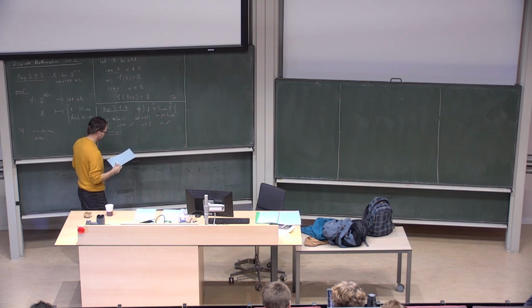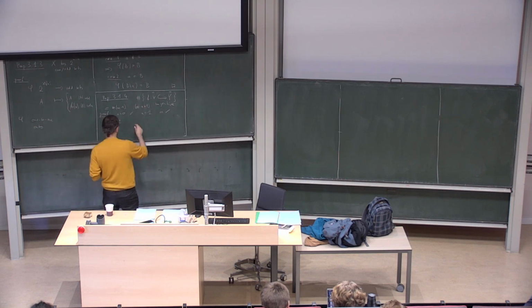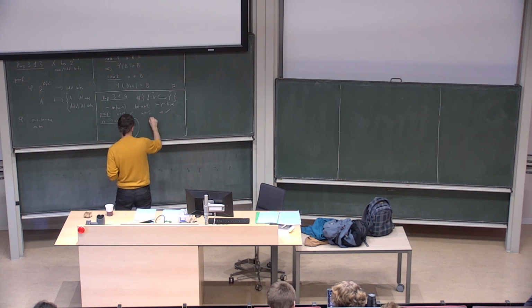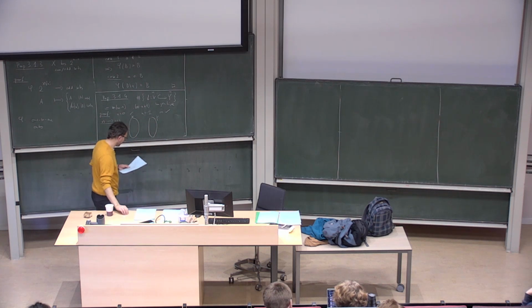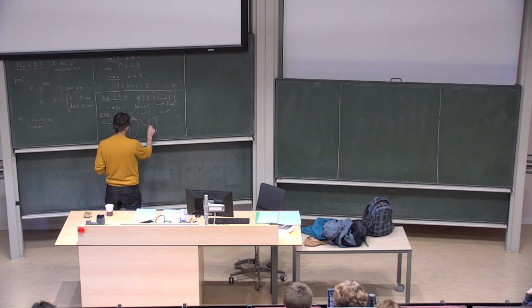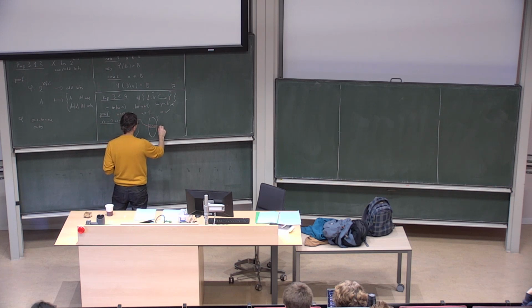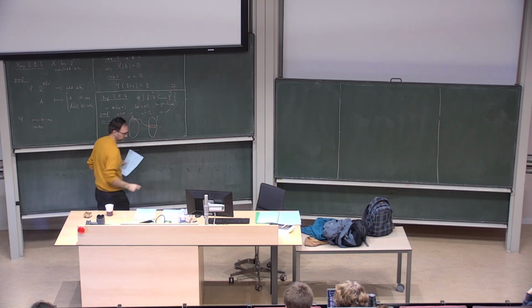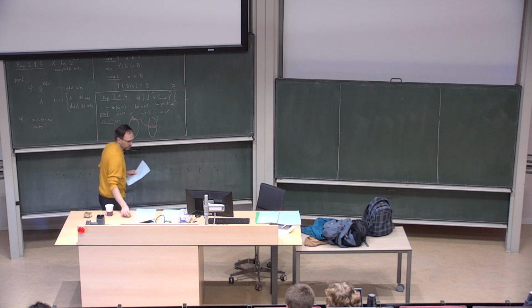And what happened there is that we have this big set x and this big set y. And we fix some element here. And it has m possibilities to go here.